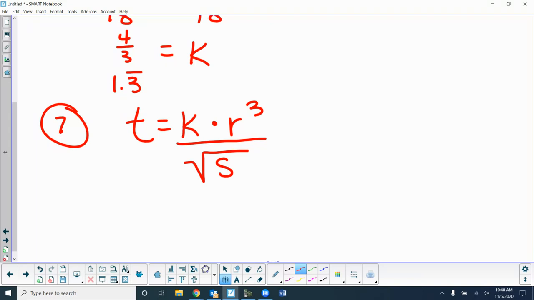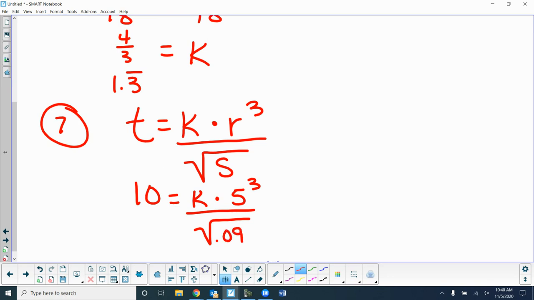So you can do multiplication and division. And then it says T is 10 when R is 5, and S is 0.09.